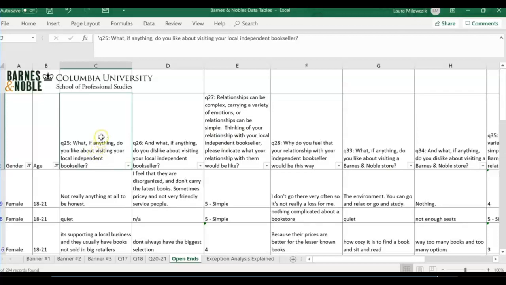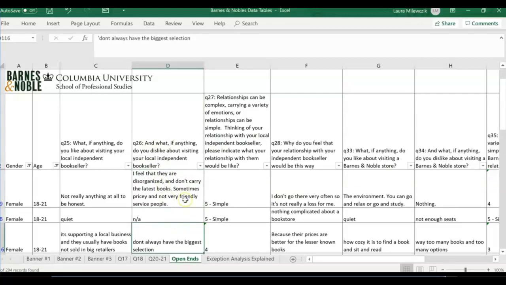For each open-end question that you asked, you will see the question in the banner here with the text, and then you will be able to look down to find the verbatim response for that respondent.